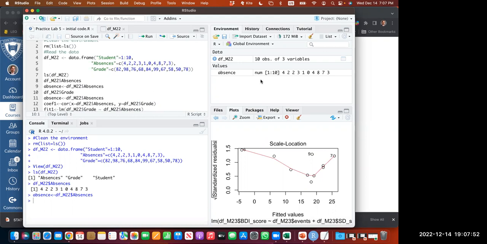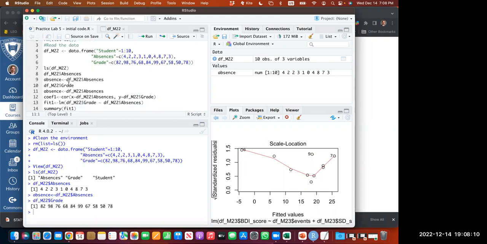So it just takes the variable and packs that as an independent vector into an additional object. The reason why I'm showing you this is because in some situations it's quite useful to know how to do that. We can do the same with grades.